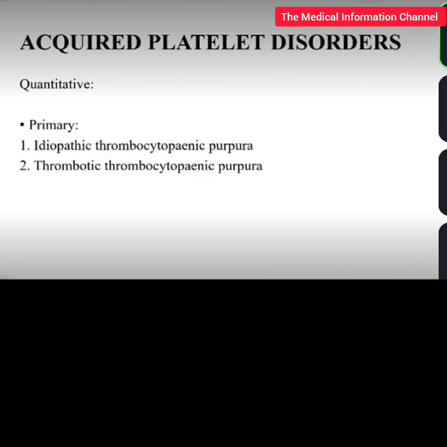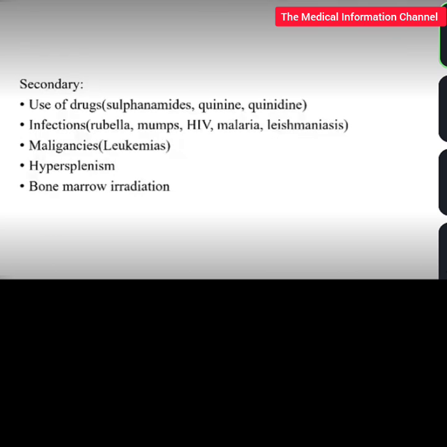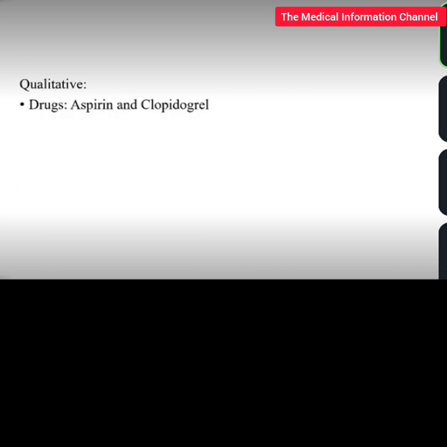Then for the acquired platelet disorders, examples can be primary and secondary. So primary is idiopathic thrombocytopenic purpura and thrombotic thrombocytopenic purpura. Secondary causes can be use of drugs like sulfonamide, quinine, quinidine, infections like rubella, mumps, HIV, malaria, leishmaniasis, malignancies like leukemias, hypersplenism, and bone marrow irradiation.